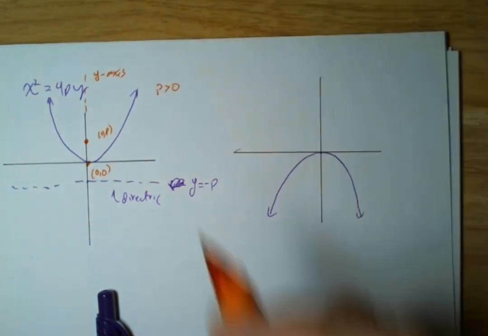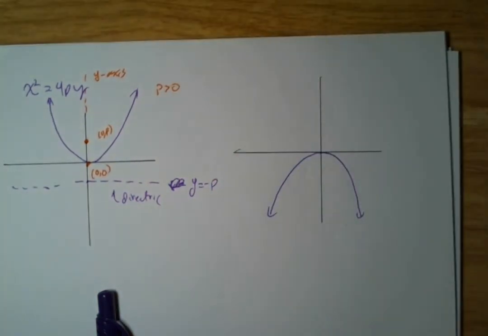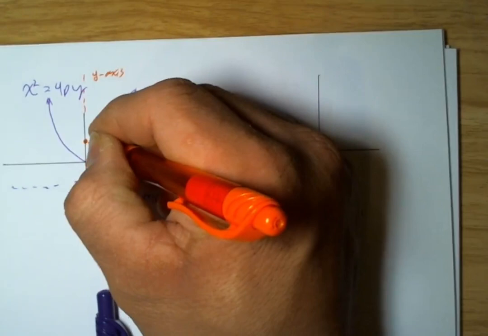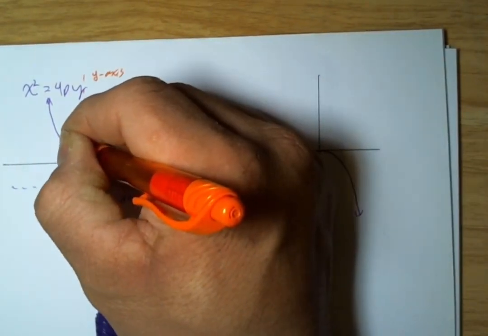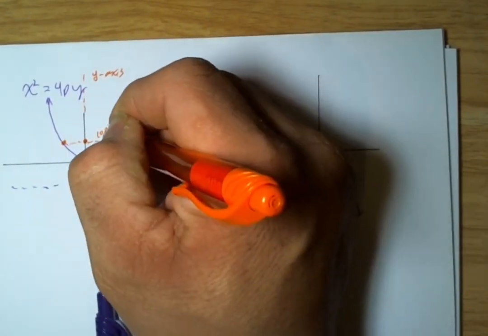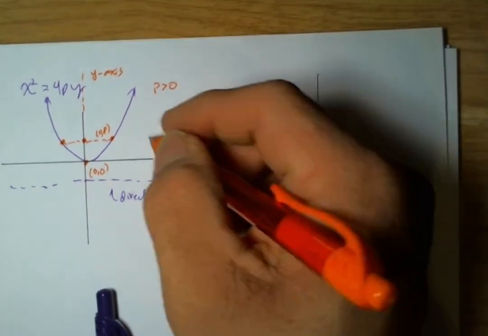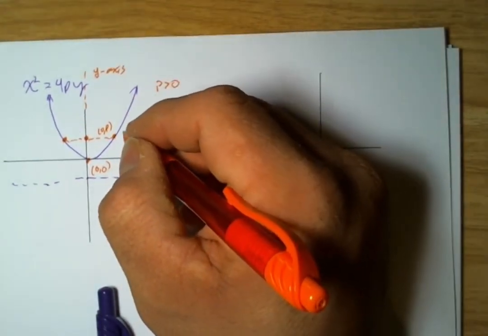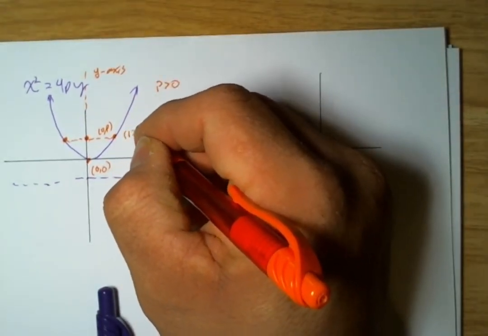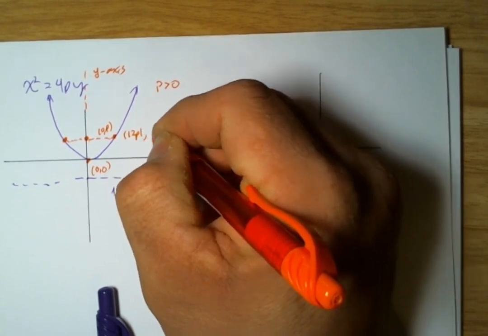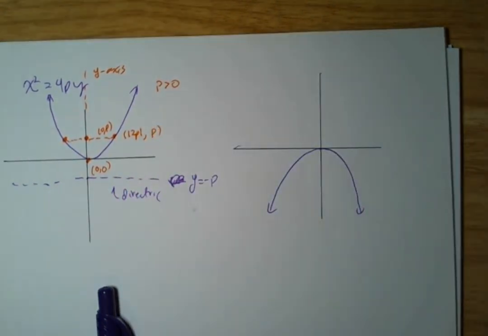So our focus is inside the parabola where it opens, and here we'll have the latus rectum, the horizontal line segment going through the focus with its endpoints on the parabola. And for these coordinates, we just flip their positions, since we're looking at something essentially rotated 90 degrees.